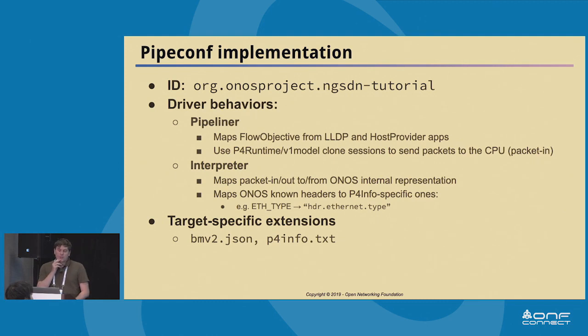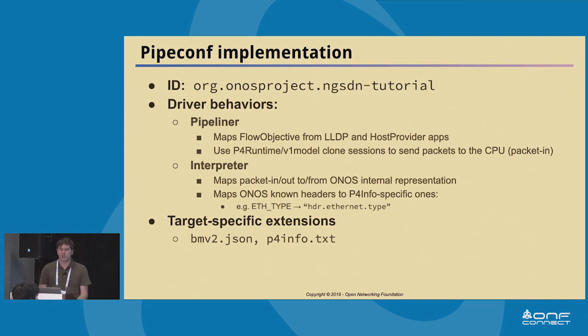The Pipeconf we use today has this ID, org.onosproject.ngsdn-tutorial. It provides an implementation of this driver behavior. So we have a pipeliner implementation, used to map flow objectives that are needed for the LLDP and the host provider apps. So it's a very simple pipeliner implementation that maps flow objectives to the ACL table.